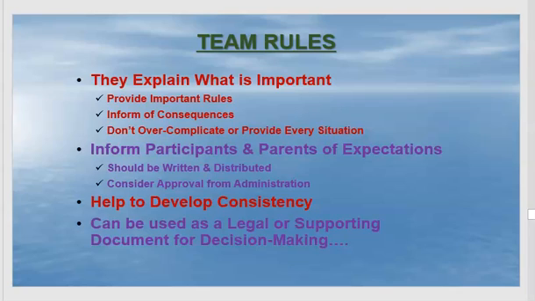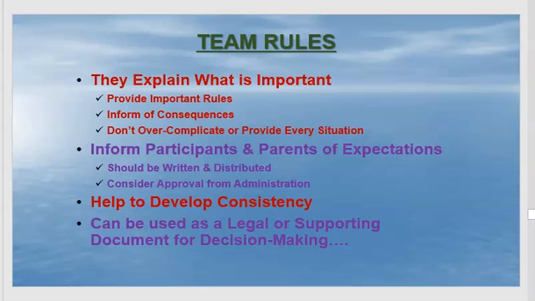It could start out as this and lead to suspension. Don't overcomplicate or provide every situation. Like I said, leave a range and let everybody know things are situational, but if you do that, you have to learn to fairly provide consequences and really let people understand why you're doing what you're doing.